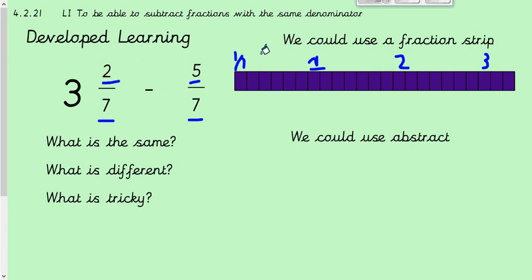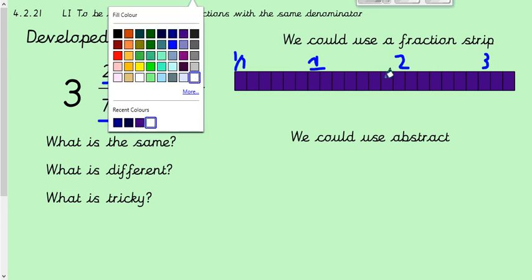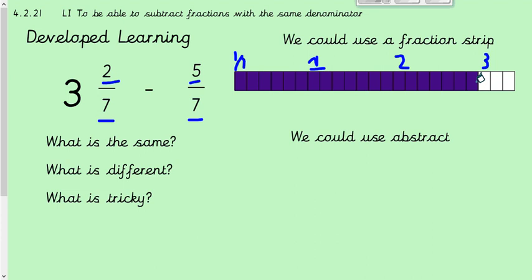Then we have to take away 5/7. So all we have to do is 1, 2, 3, 4, 5. Then you can see this is where our 2 is. So we're still left with 2 wholes and 1, 2, 3, 4 sevenths left over.